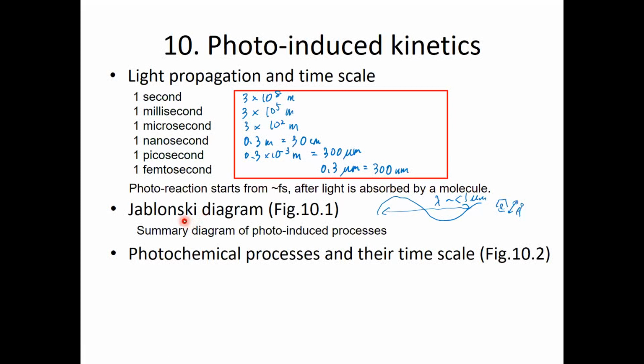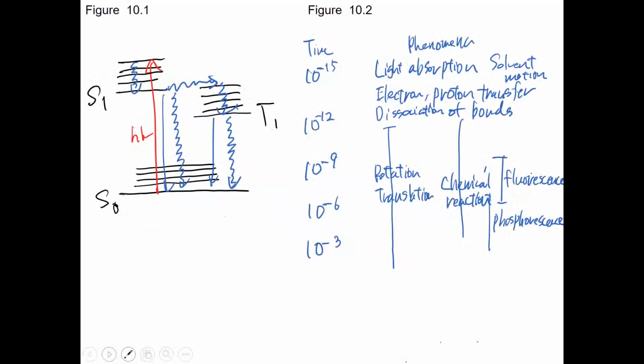The photochemical process is summarized in the Jablonski diagram, which is a summary of various photo-induced processes in a single diagram, shown here. It's a very simplified Jablonski diagram, but you can understand various photochemical processes after photo excitation.